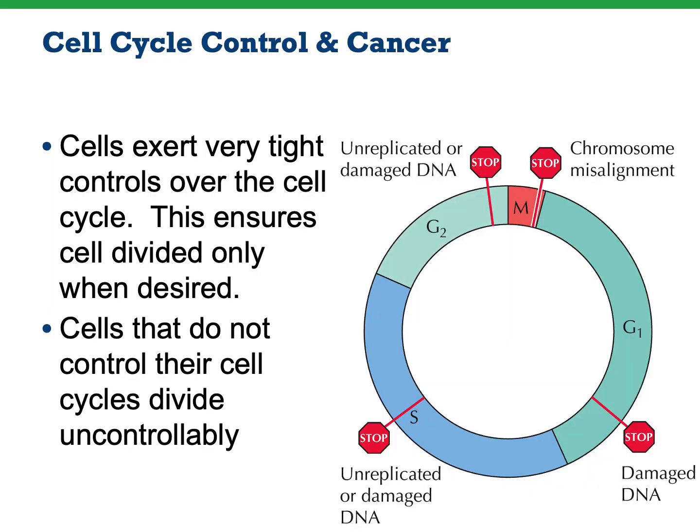Cells exert very tight control over the cell cycle. This ensures that cells are only divided when necessary. Remember, if you're not actively growing or have a cut or something that needs replenishing of cells, then there is no need to grow. Cells that do not control their cell cycle thus divide uncontrollably.